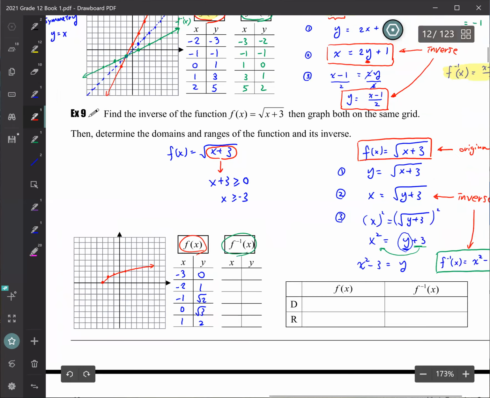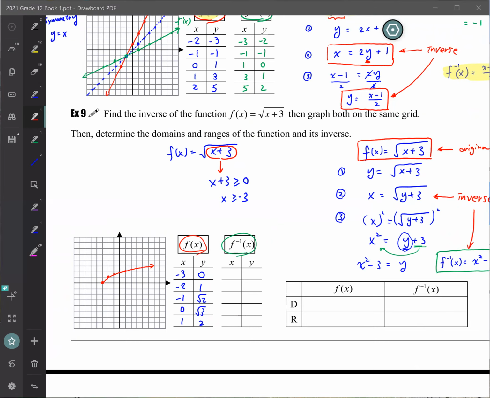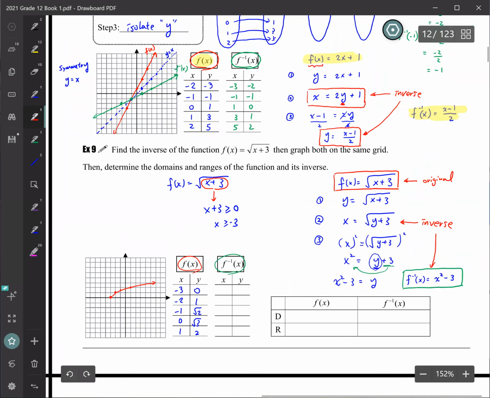Okay, so now to graph the inverse. What's the best way to graph the inverse? Can anyone raise your hand if you know a good way to graph inverse? How can we get the points quickly to find the inverse graph?